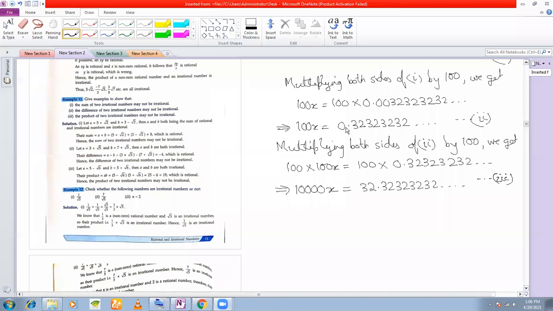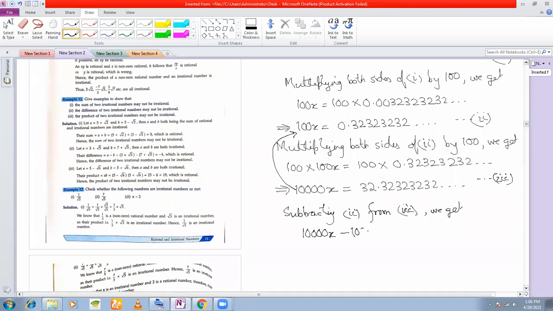Sir, we will do 10,000x minus 100x. That is subtracting 2 from 3, isn't it? Yes, sir. Subtracting 2 from 3, we get, now what will you have? 10,000x minus 100x on the left hand side.